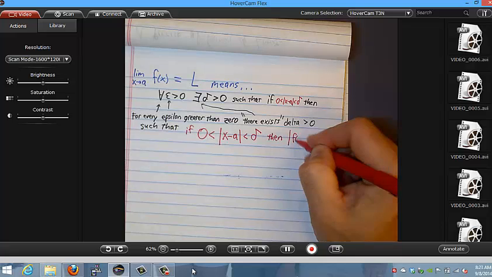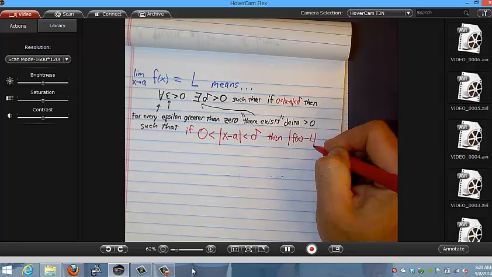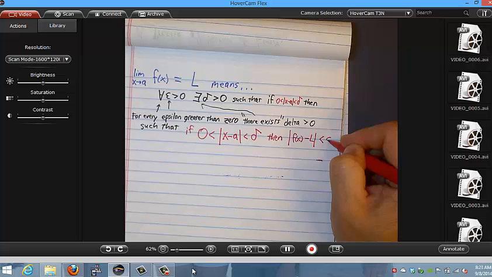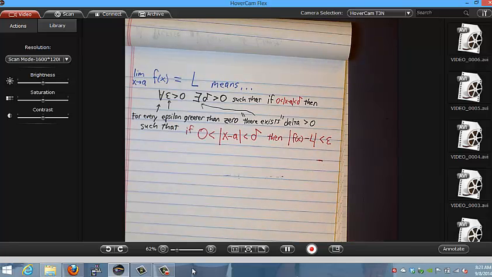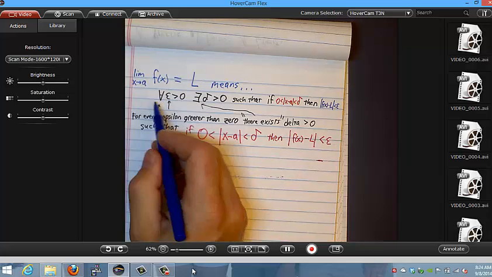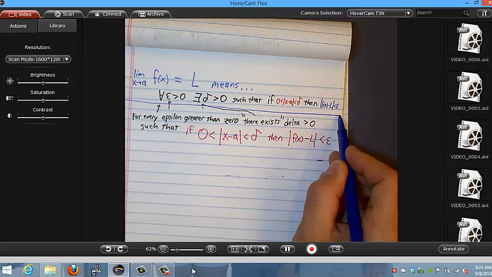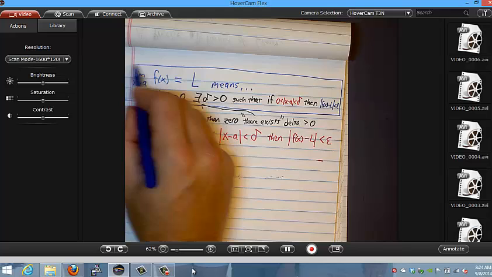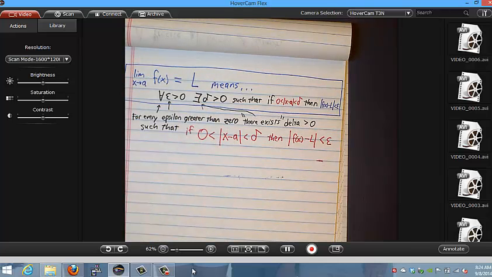The absolute value of f of x minus L is less than my little epsilon. That's a big mouthful, I guess, huh? So this is what we had to write as an answer for the definition of the limit.